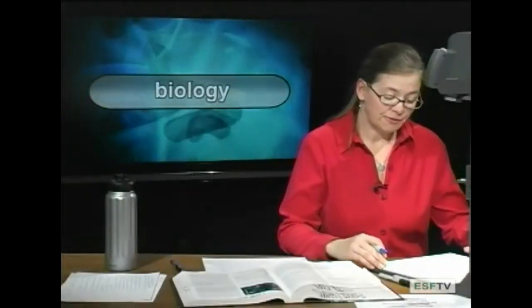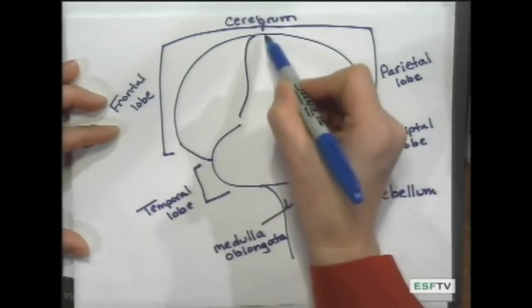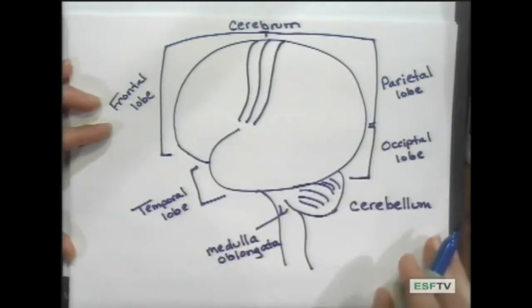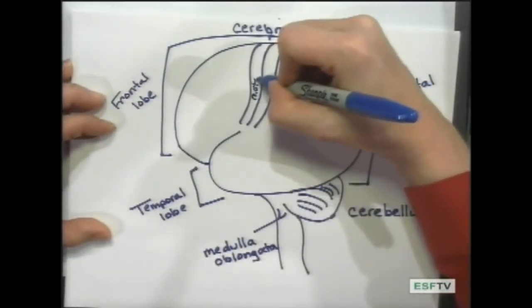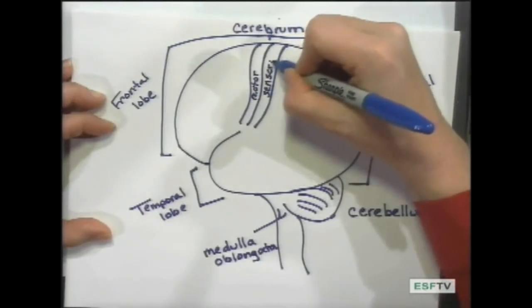Within these different lobes, there are different functions associated with different areas. There's 2 areas that divide the frontal and the parietal lobe, where you get motor neurons and sensory neurons concentrated.